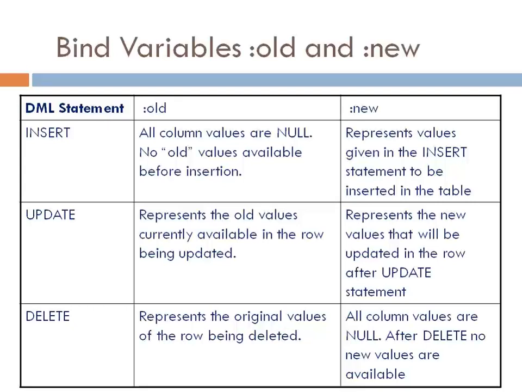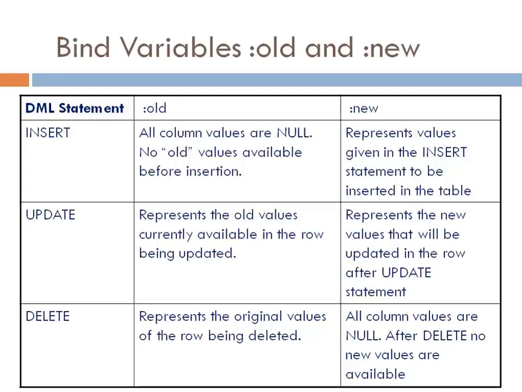So whenever you give an insert statement, you always pass on the values which you want to insert against the columns. So the new bind variable will store those values which you have given in the insert statement. The next event is update. For this, both old and new bind variables will be available. The update statement, as you remember, updates some values in the columns which you have specified.